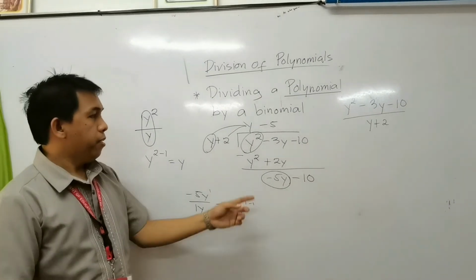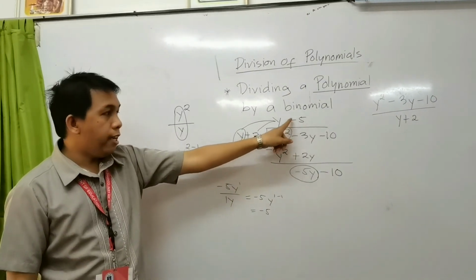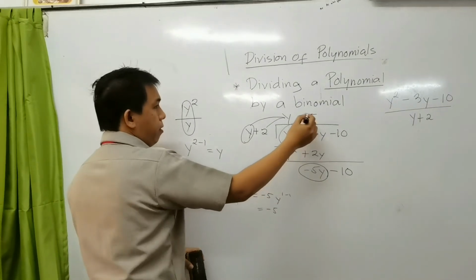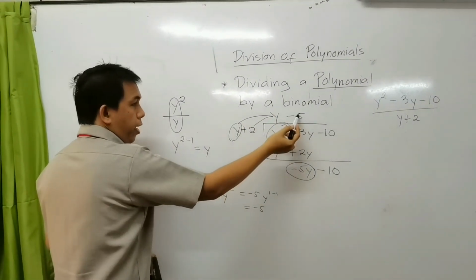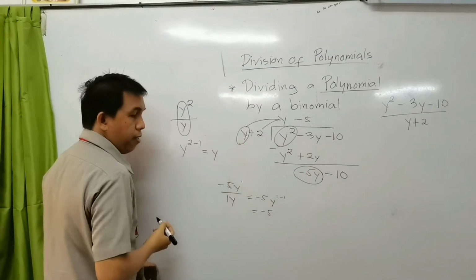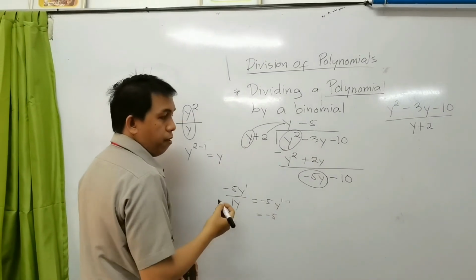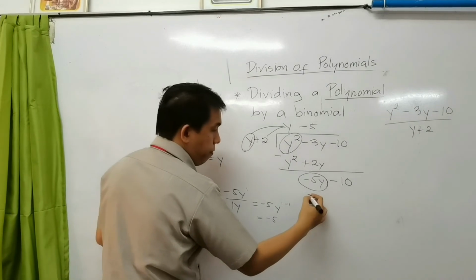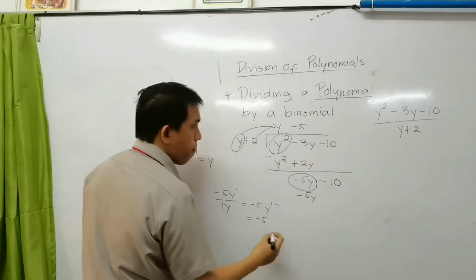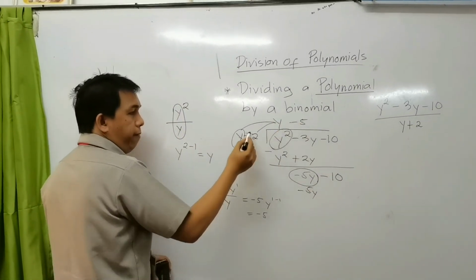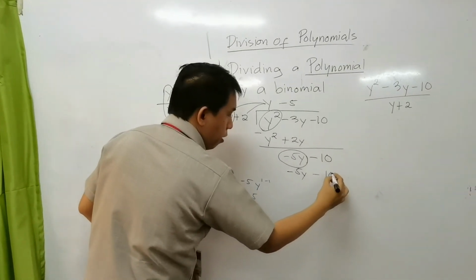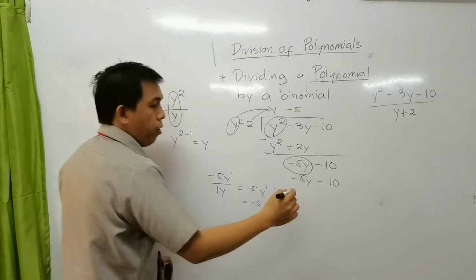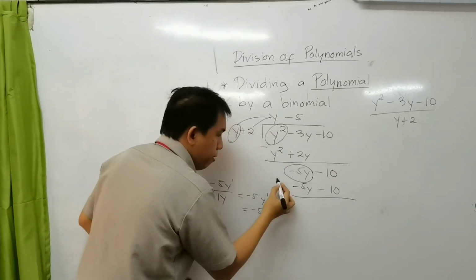Next, after you write that, simply distribute again from the divisor. Negative 5 times y is negative 5y. Then negative 5 times 2 is negative 10. And then subtract.